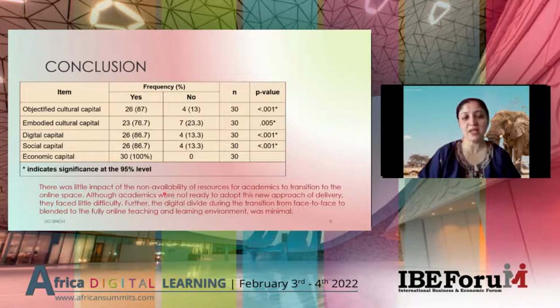Now, we do understand that the number of responses which we received from the survey is not enough for us to project onto the general population, but it does tell us a little bit of the story in terms of the transition for academics to the online environment.